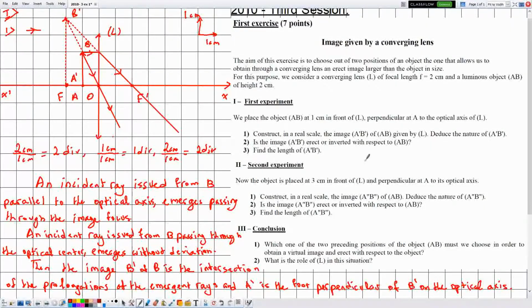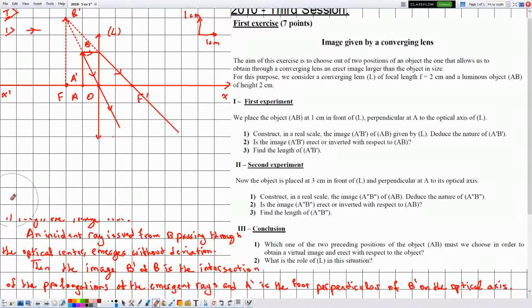Okay, now notice that in the same part 1, they are telling me deduce the nature of A prime B prime. Let me make some space. So we are still in part 1 of this experiment. They are telling me deduce the nature of A prime B prime.